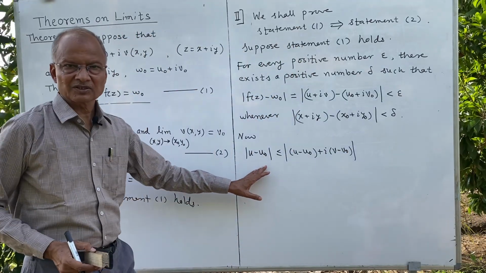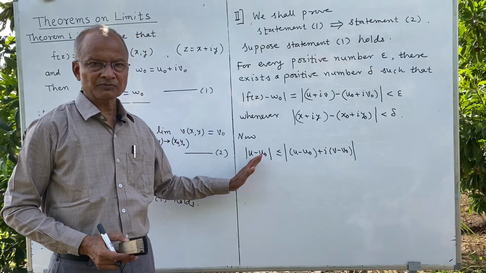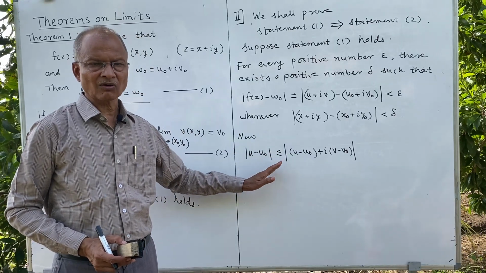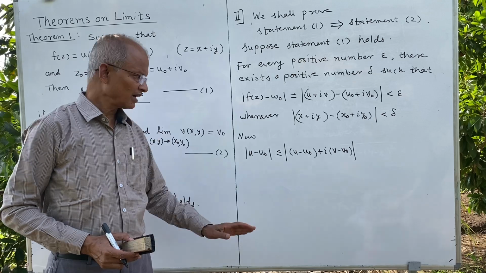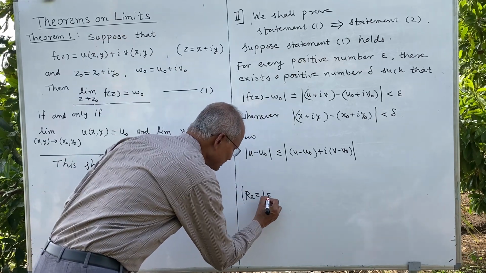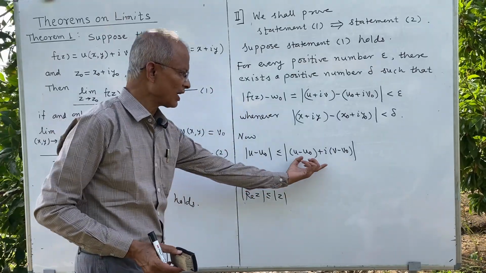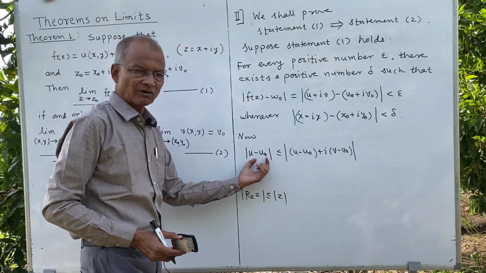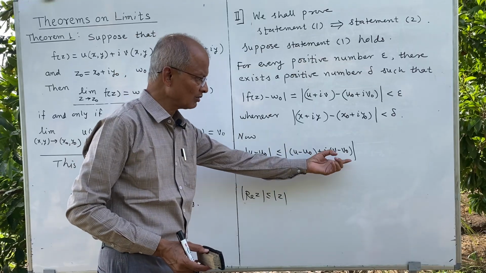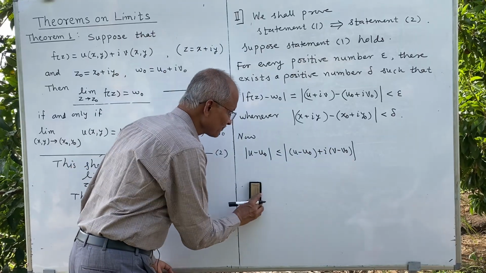This is obvious because this is the real part of this number, and we know the absolute value of the real part of z is less than or equal to mod z. The absolute value of the real part is always less than or equal to the absolute value of the whole complex number.